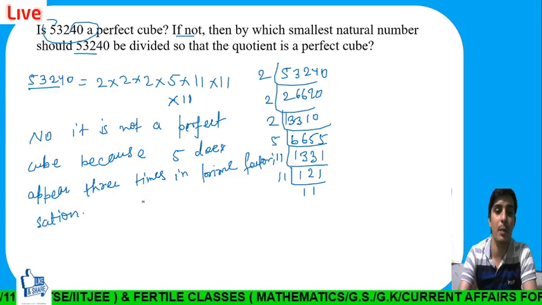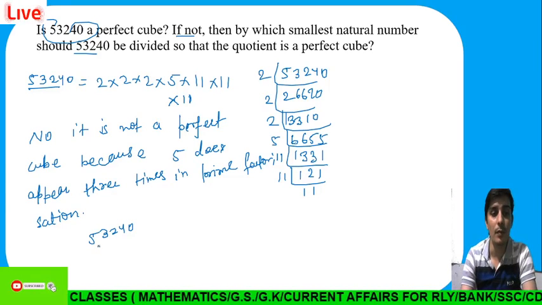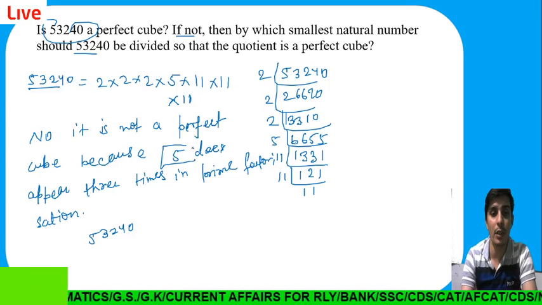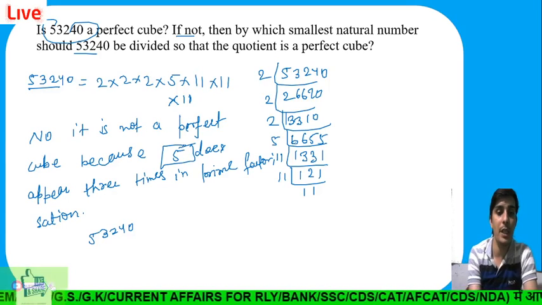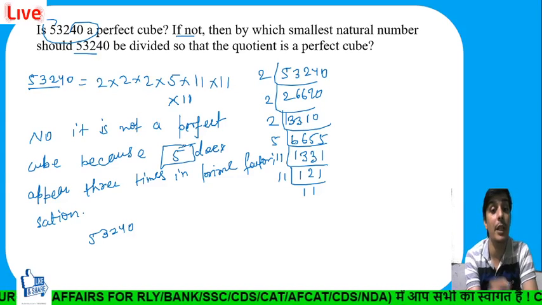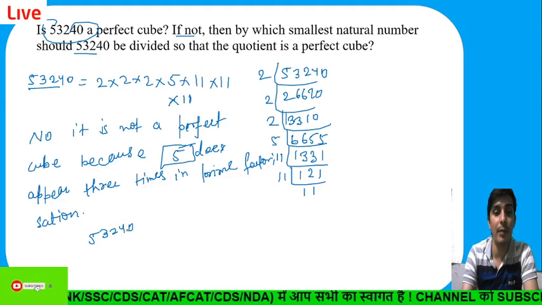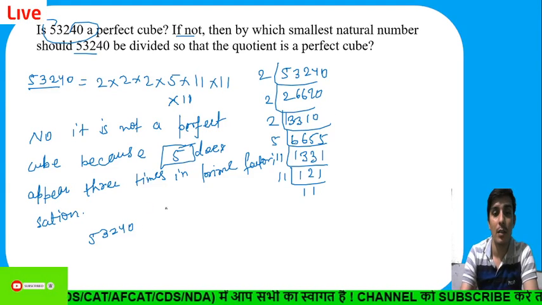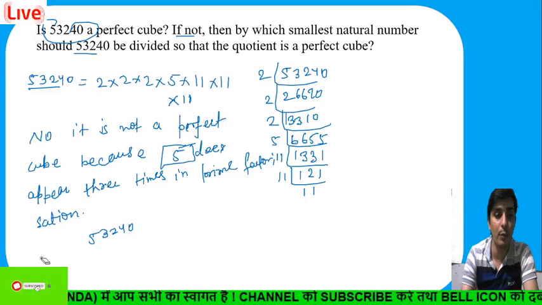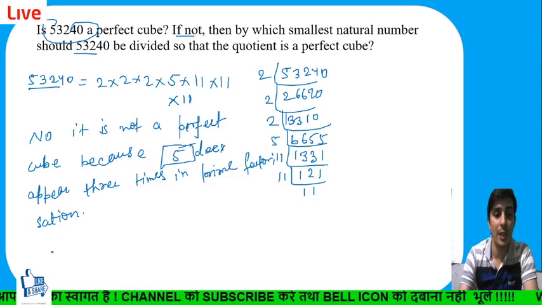This is very simple, guys. 53,240 must be divided by 5, because due to the 5 it is not considered a perfect cube. So after dividing by the 5, we should divide by the 5, you can write here.